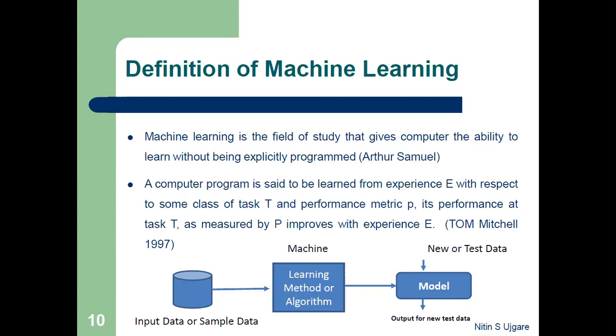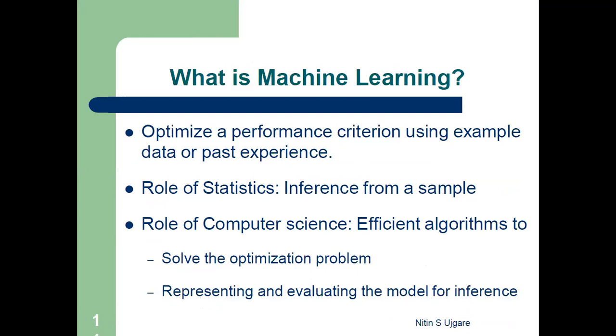Now we'll see what machine learning is and why we use it. Machine learning is used to optimize the performance criterion using the example data, that is the sample data, or the past experience. What is the role of statistics in machine learning?